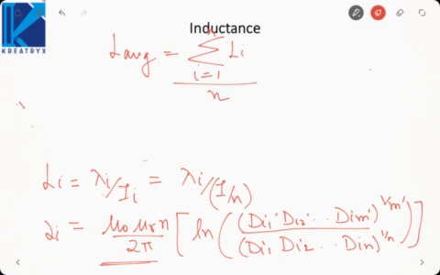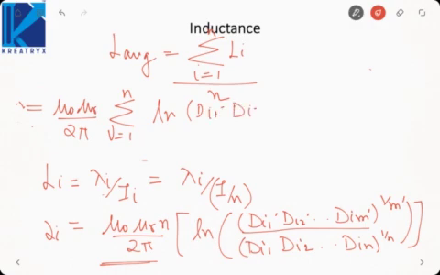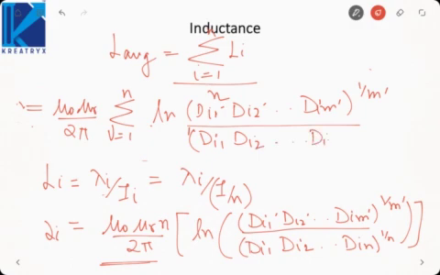So if I divide it by n, it will become mu naught mu r by 2 pi sigma I equal to 1 to n ln d I1 dash I2 dash up to d Im dash raised to power 1 by m dash, divided by d I1 d I2 up to d In raised to power 1 by n.